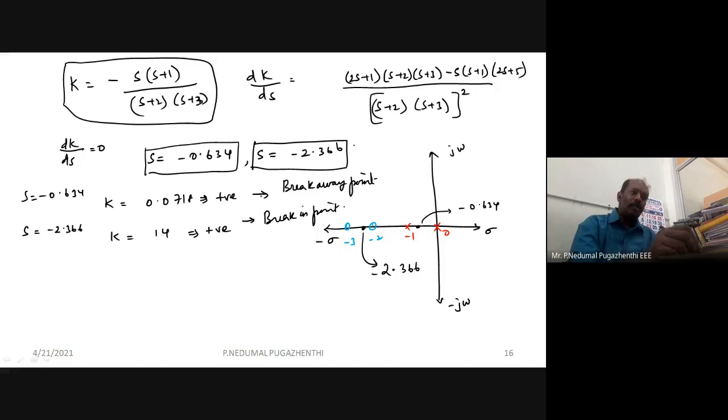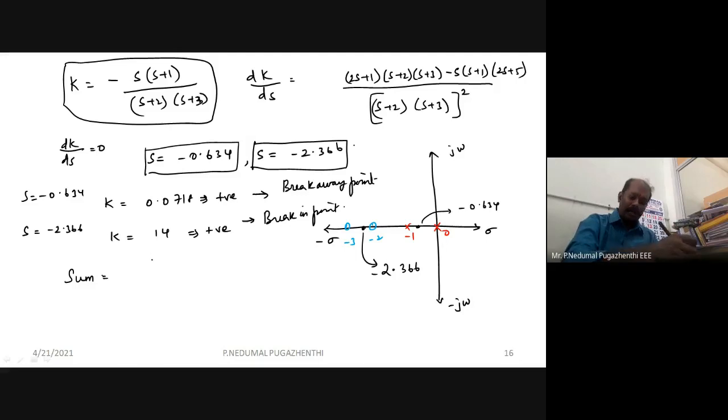So how to know where it crosses your j omega axis? That's very simple actually. We have a shortcut here. Rather than putting s is equal to some value j omega and trying to substitute that into the characteristic equation, you take the break-in and breakaway points, then add them.